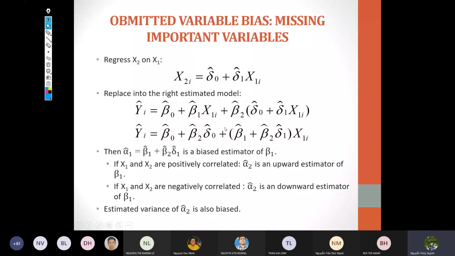It means that alpha 1 hat is a biased estimator of beta 1, the correct effect of x1 on y.